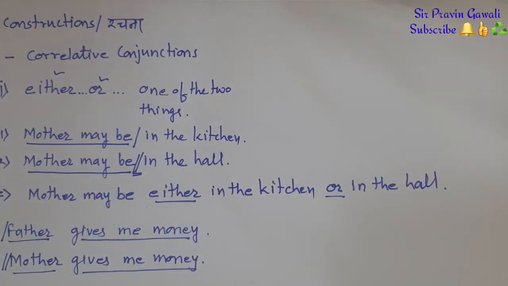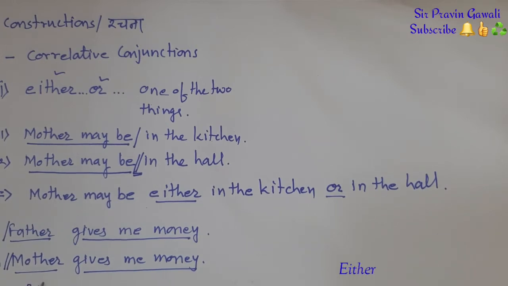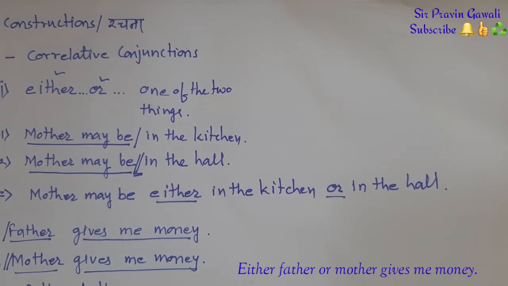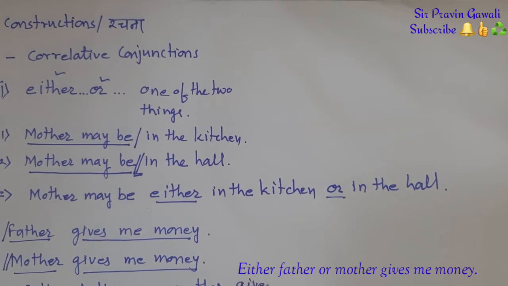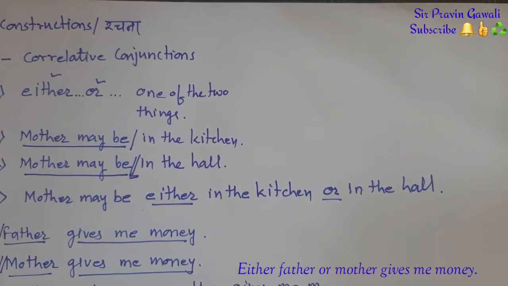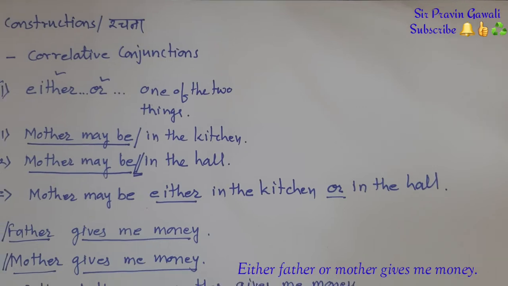So the sentence will be like this. Either father or mother gives me money. Okay, student, have you understood now? So here either father or mother gives me money.